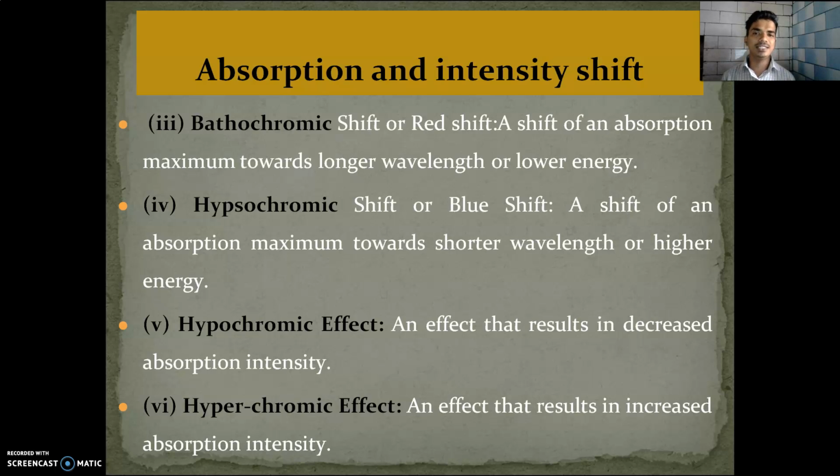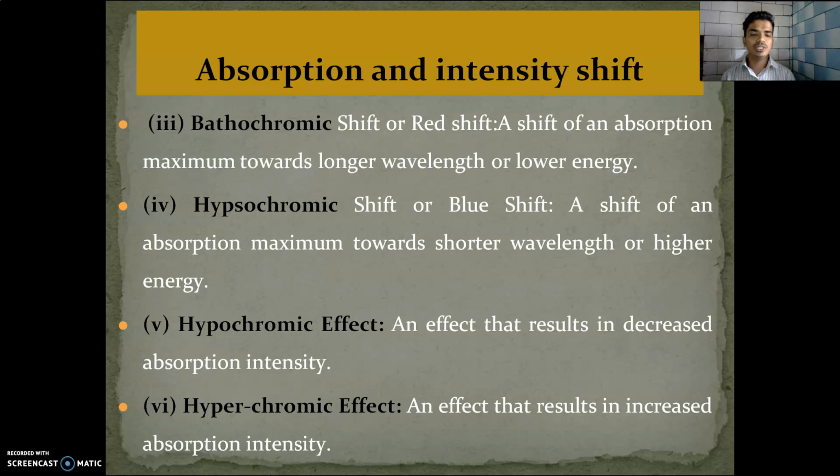Then the hypsochromic shift, also called blue shift, is the shift of the absorption maximum toward the shorter wavelength or higher energy. These are the extremes, up to the red or up to the blue region of the spectrum. So bathochromic is for the longer wavelength and hypsochromic shift is for the shorter wavelength.